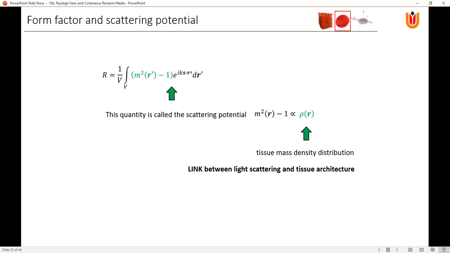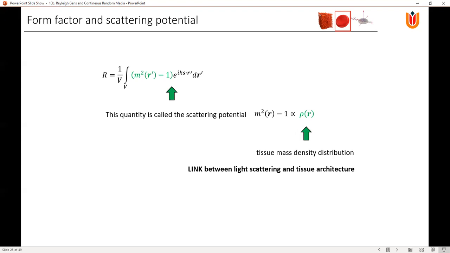It's the density distribution inside the tissue. So if any changes occur due to disease or due to treatment or whatever in the tissue composition, that will of course be reflected in the tissue density, and it will be reflected in the refractive index as well.